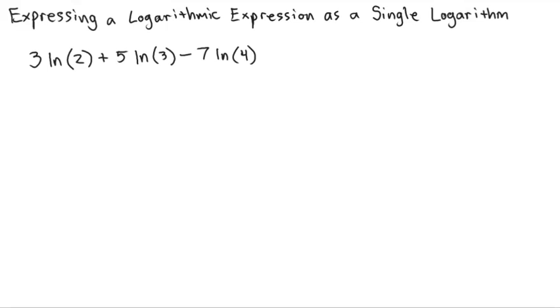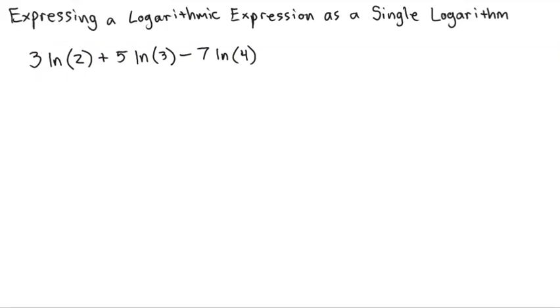What I'm going to do in this particular example is step by step, we're going to use the properties of logarithms to change this expression so that it is a single logarithm, so that it only has a single natural log. Now, do you see this 3 times the natural log?